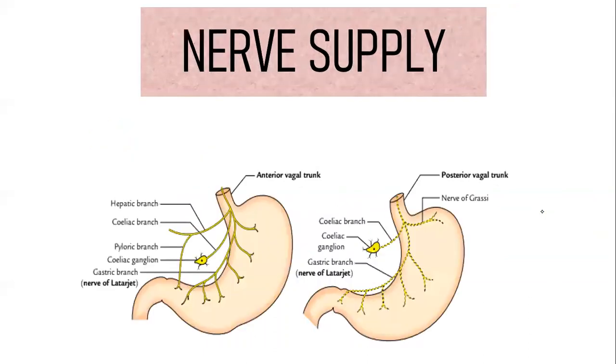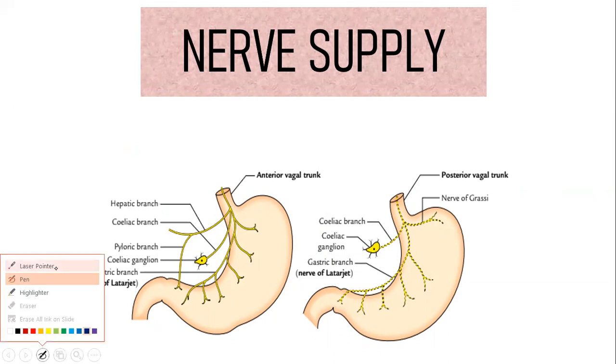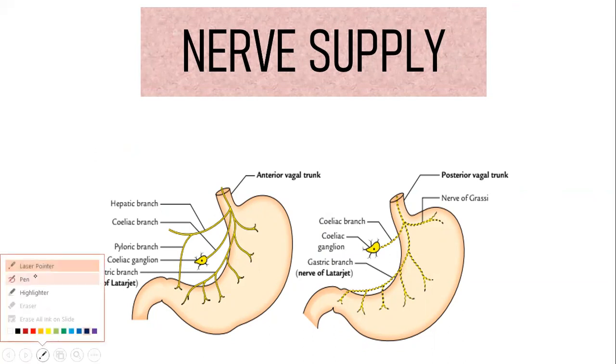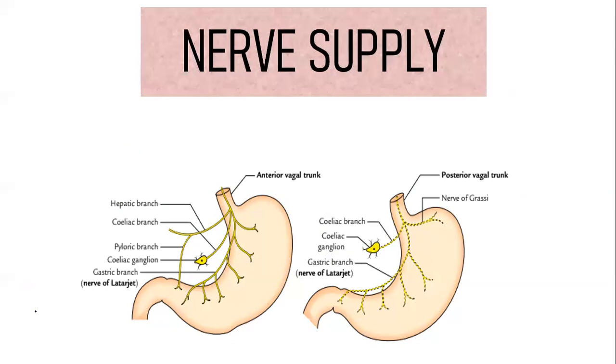Now the parasympathetic, I'm going to explain only with this picture. Listen carefully. The parasympathetic, you all know, is from the vagus nerve. You have two vagus nerves, the left vagus nerve and the right vagus nerve.